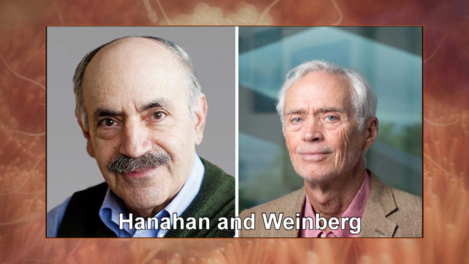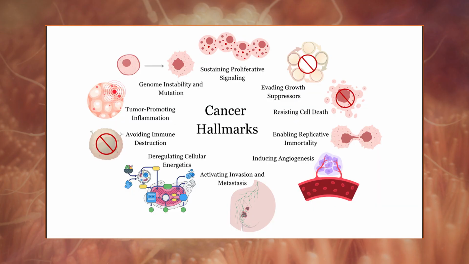Hanahan and Weinberg's hallmarks of cancer, that is 2000, 2011 and 2022, define cancer through traits like sustained proliferation, apoptosis evasion, angiogenesis and immune escape.